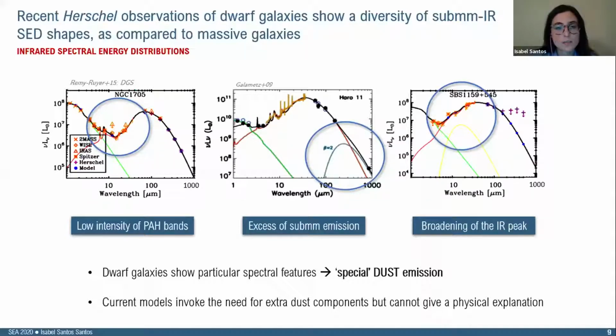These special features can be summarized in a low intensity of polycyclic aromatic hydrocarbon bands, an excessive emission in the submillimeter region, and a broadening of the infrared peak of the SED. These infrared features are pointing towards special dust emission in dwarfs, and so modelers have invoked the need for extra dust components, but there's no physical motivation behind them.